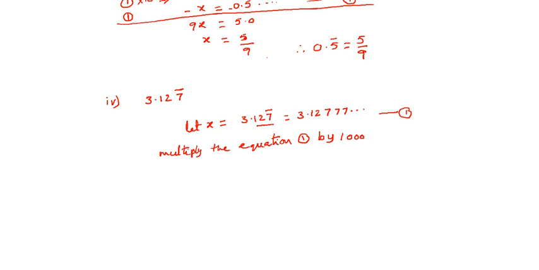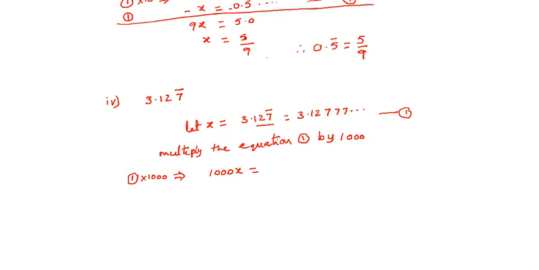Now, you multiply it by 1000. Then what do you get? 1000x on the left side. Now on the right side, when we multiply the right part of the equation by 1000, if you observe, there are three zeros in the 1000.